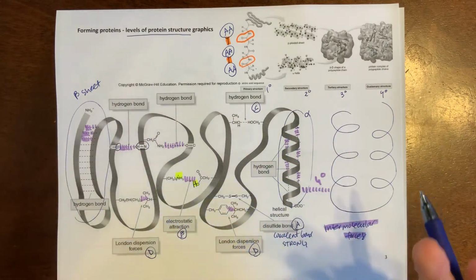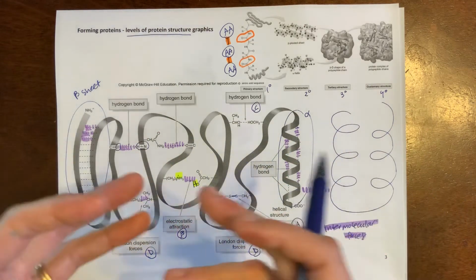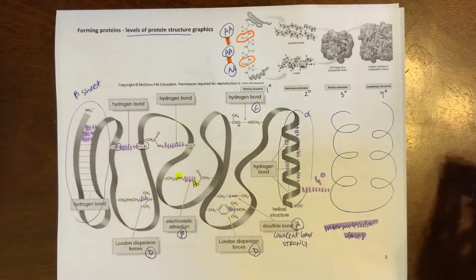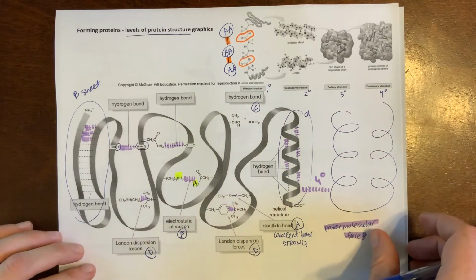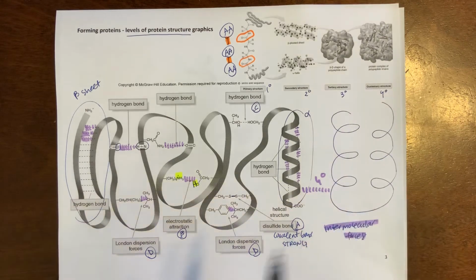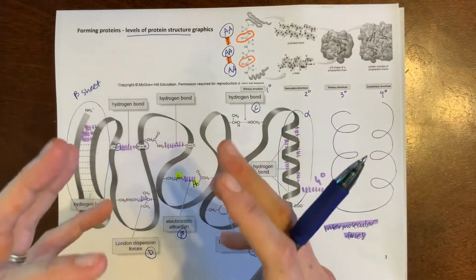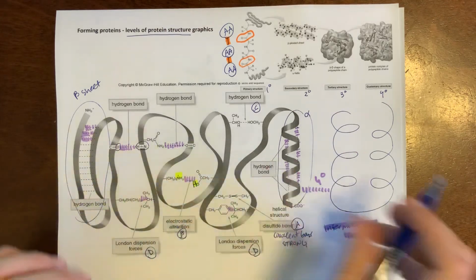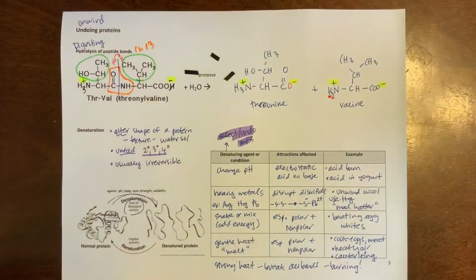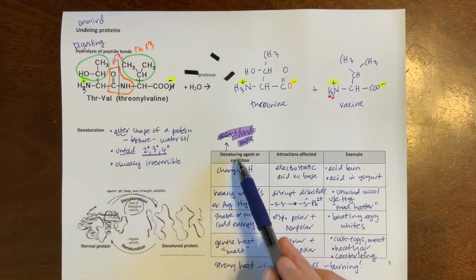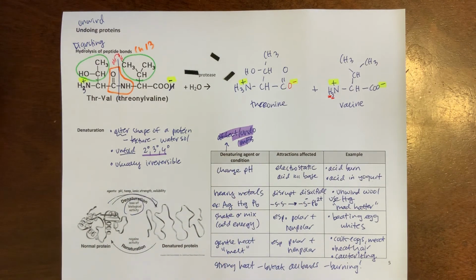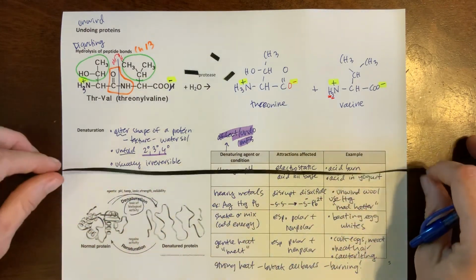With meat and eggs, you can't so much undo it and then have it reform, but with meat, you would stretch these proteins out. And that's one reason why meat gets kind of tough as you cook it for too long, is all those proteins get really straight and you lose that water that's trapped inside of this structure also here. So those are some ways to denature or unwind your protein into just a nice straight piece.